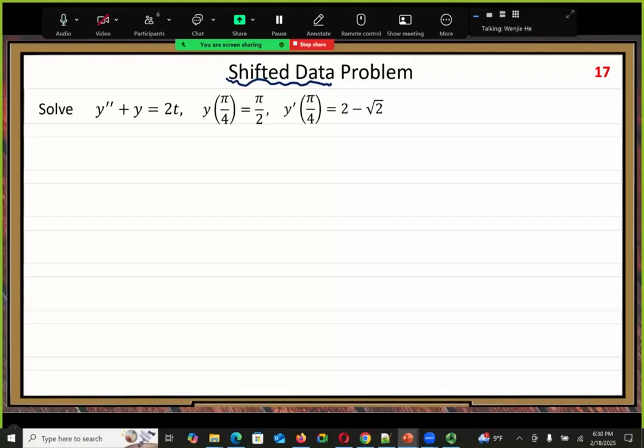So here, look at the two initial conditions. At the point pi over 4, it's not at 0.